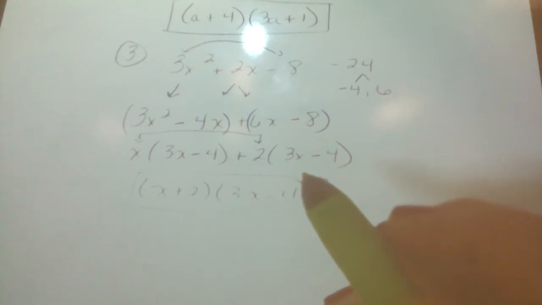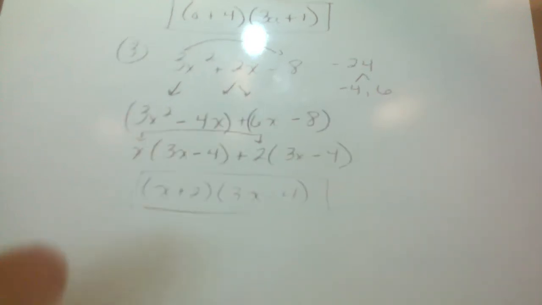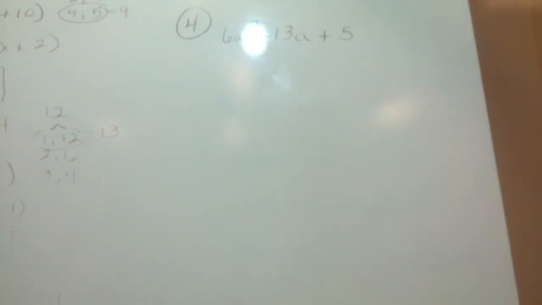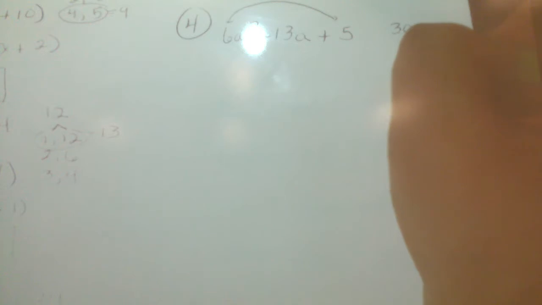And we'll do one more problem. Number 4, we've got 6a squared minus 13a plus 5. I'm going to multiply that 6 and 5 together. That gives us 30.